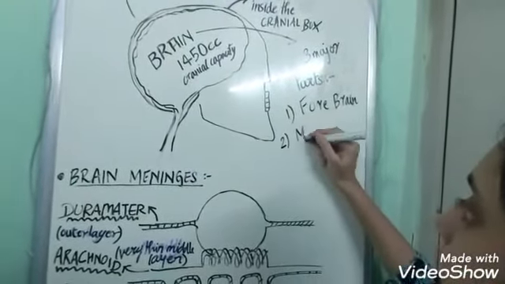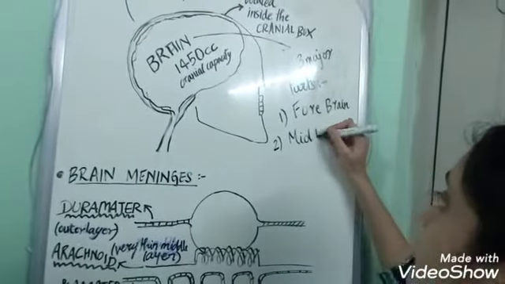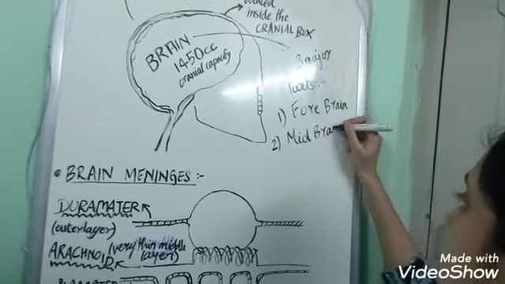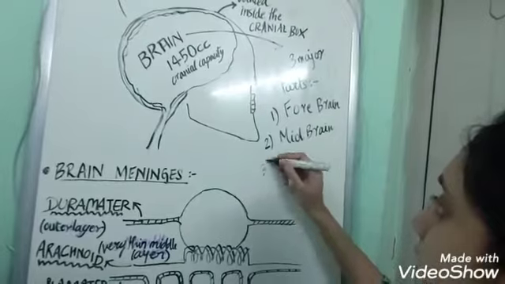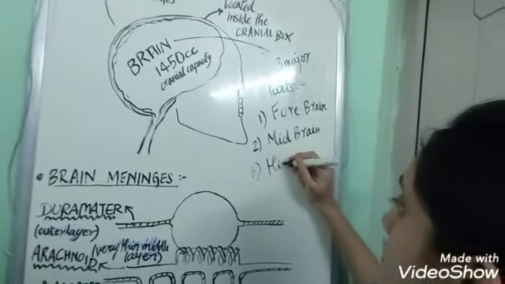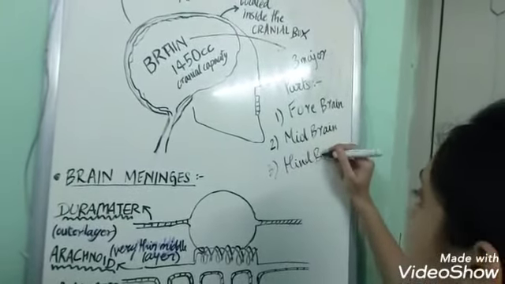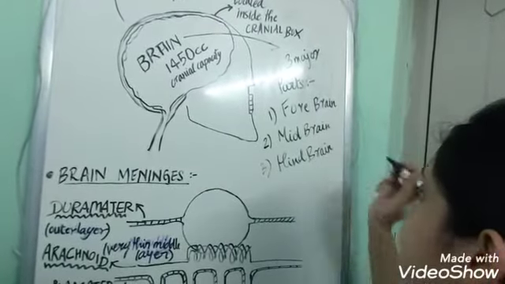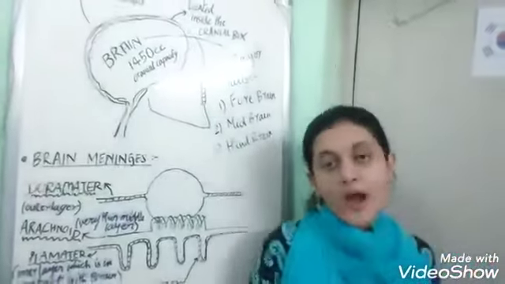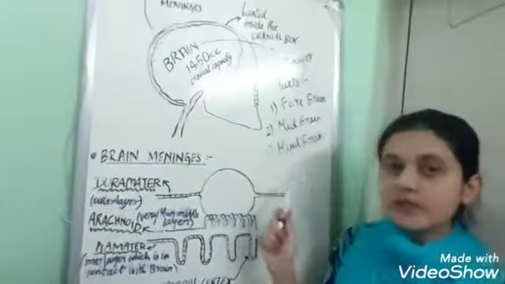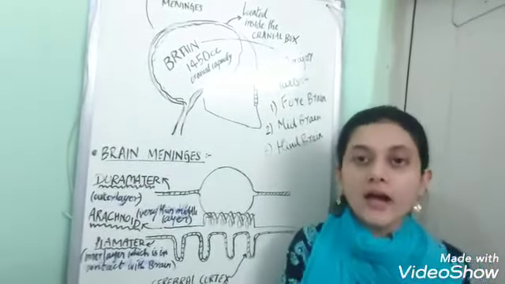Second, midbrain. And third, the hind brain. Now I shall explain each of them in detail with the diagram.